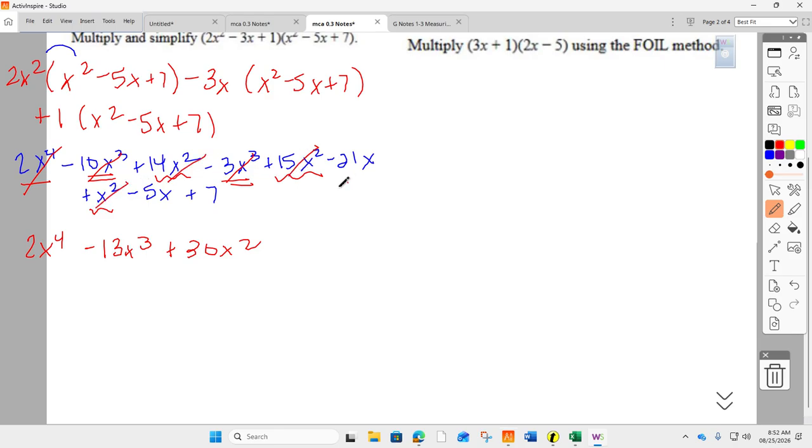I got my x's, so minus 26x plus 7. Everybody get the same thing I got?